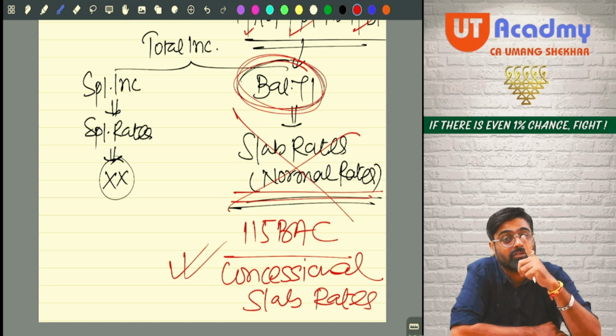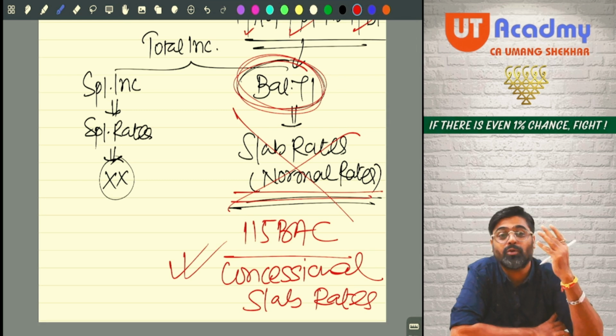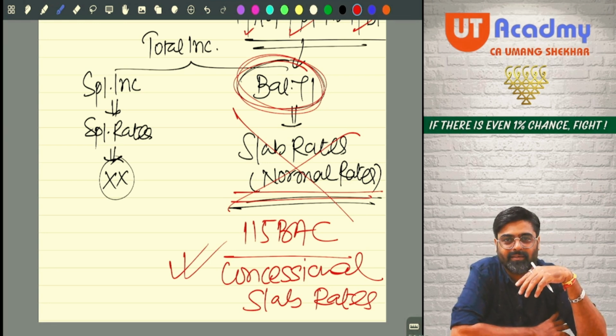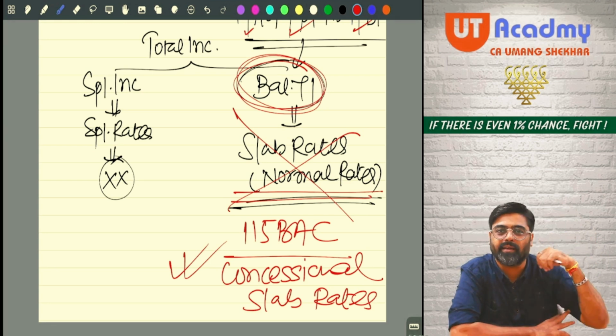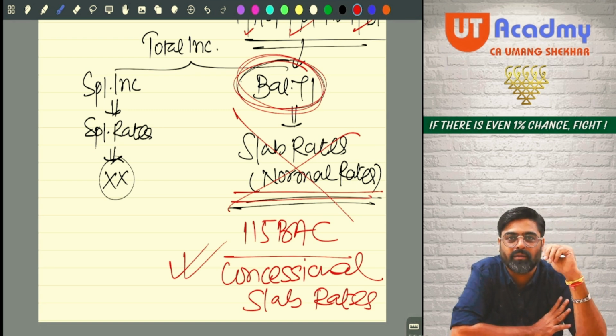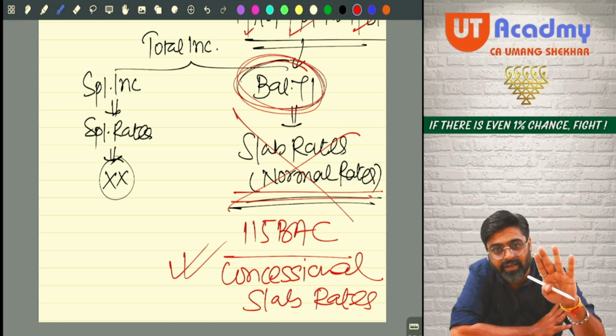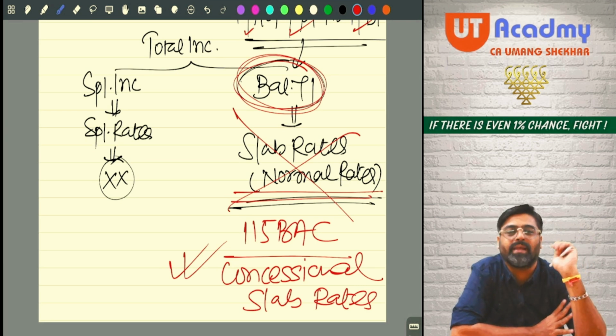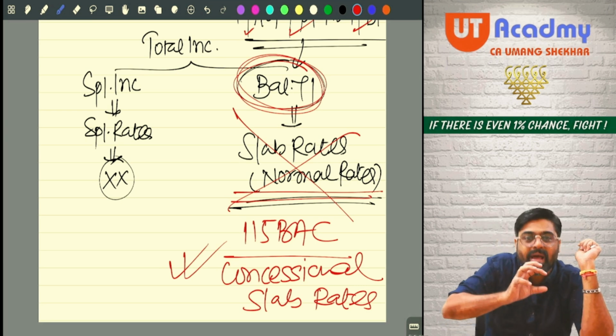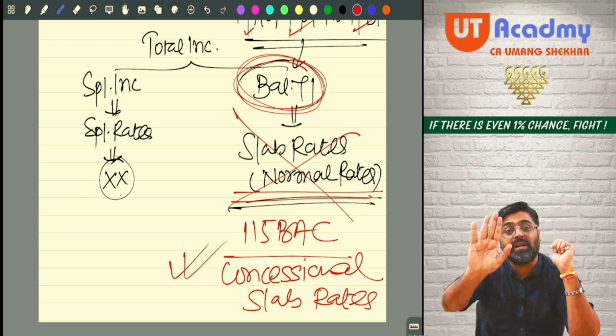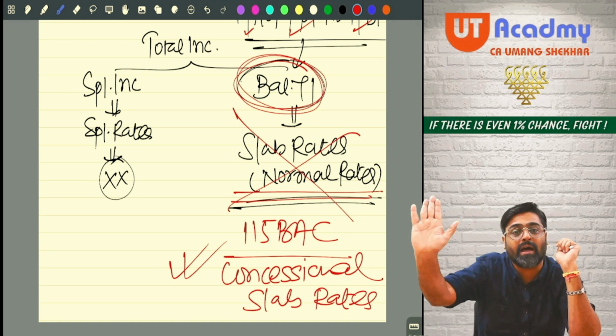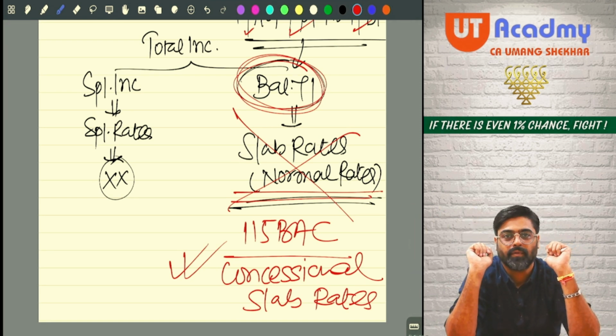Because up to 3 lakhs, nobody is liable to pay tax. 3 lakh rupees is the basic exemption limit. Then 3 to 7, then 7 to 10, then 10 to 12, 12 to 15, and the rate will increase by 5% each time. Getting my point? So the tax rates given in 115BAC are comparatively lower than the normal slab rates we just checked.